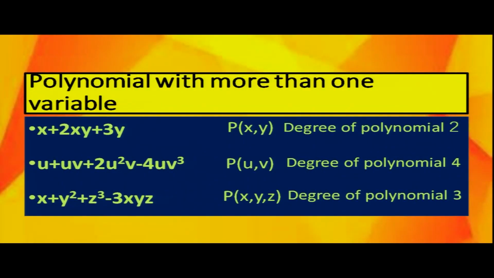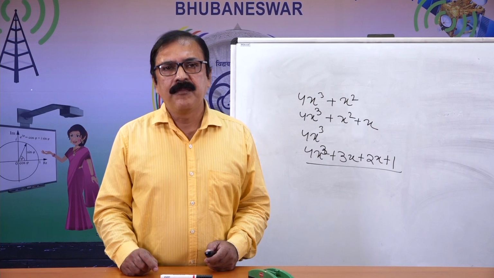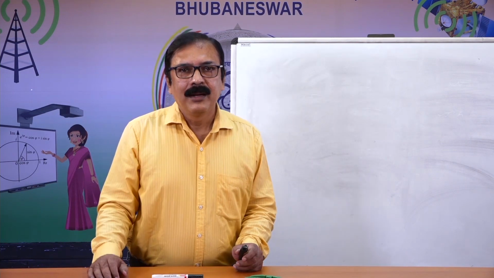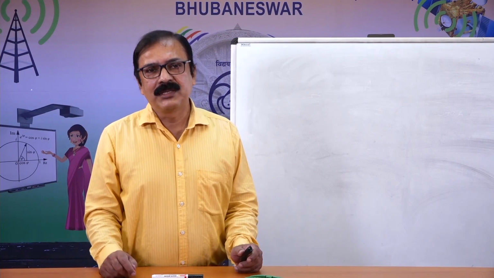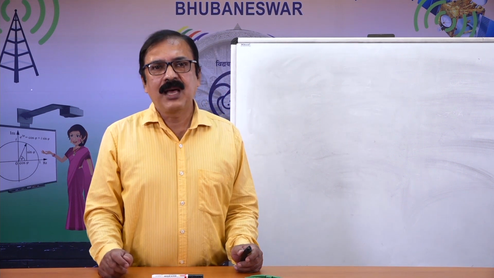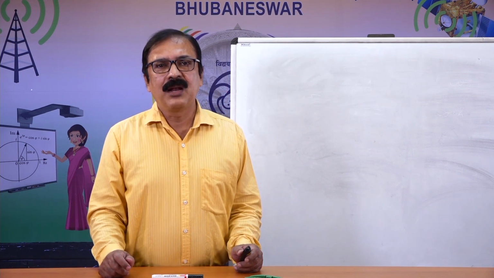Now, we have discussed different types of polynomials. Now, let us see some questions to recapitulate it. Let us look at this question. Which of the following algebraic expressions are not polynomials?